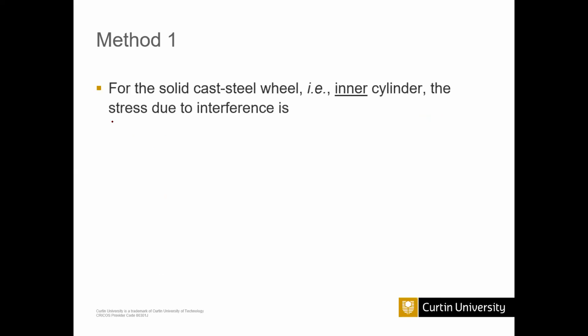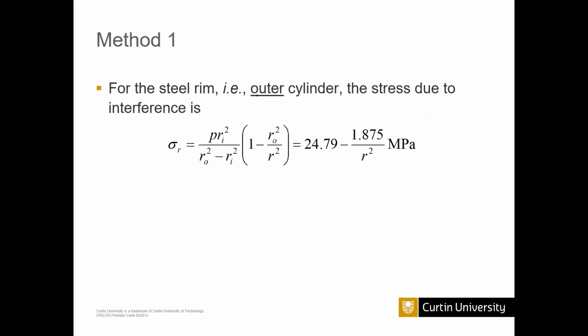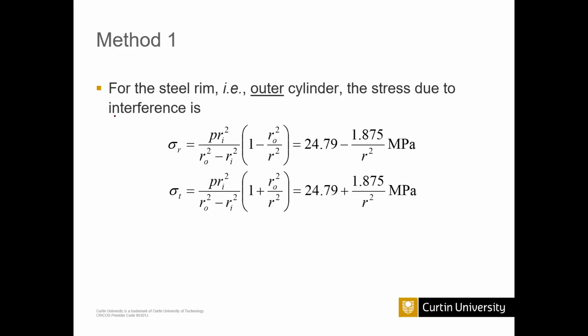So for the solid cast steel, the inner cylinder stress due to interference, we already know, because at the contact point the tangential and radial stress should be equal to that contact pressure, the minus value. For the outer cylinder, due to interference, you need to simplify that equation first, then substitute and find out the tangential and radial stresses for the boundary conditions.